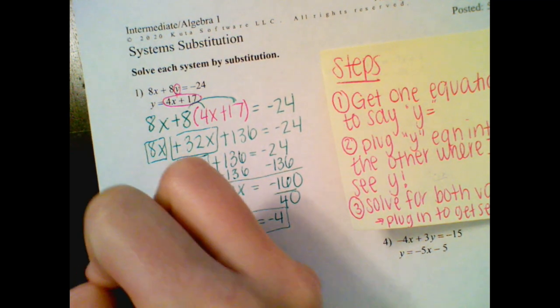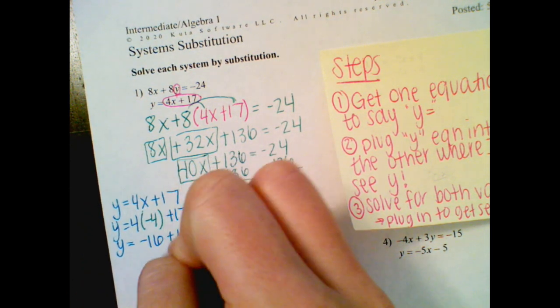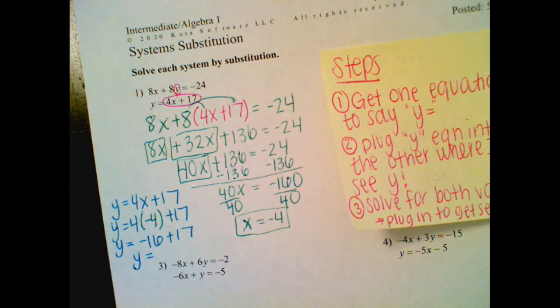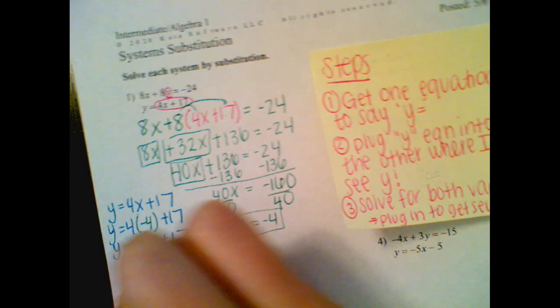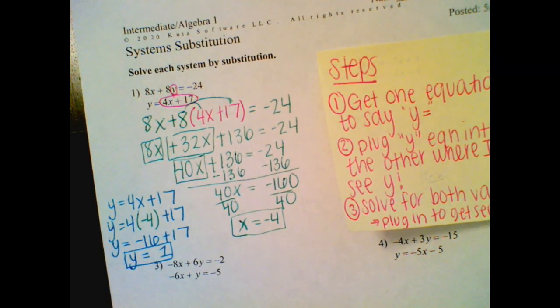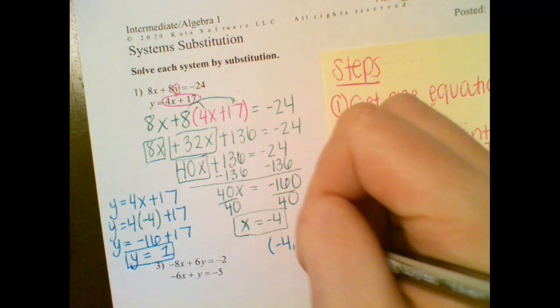Now I just simplify. So 4 times negative 4 is negative 16 plus 17. Negative 16 plus 17 is 1. So now I got my x and my y, and I just write it as a point. So my solution for this one is negative 4, 1.